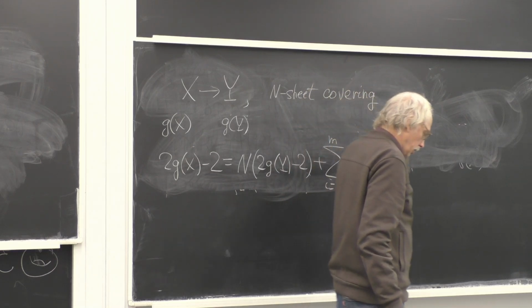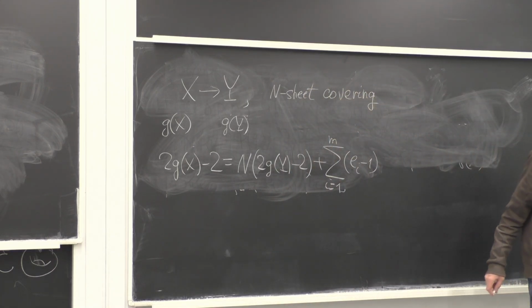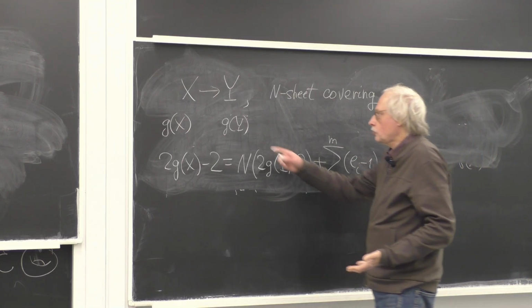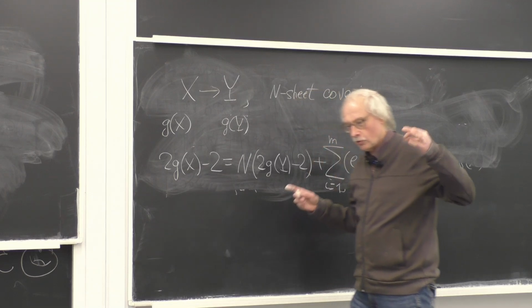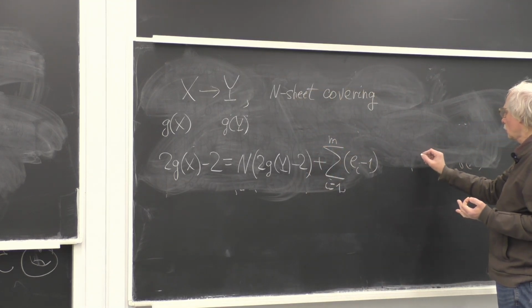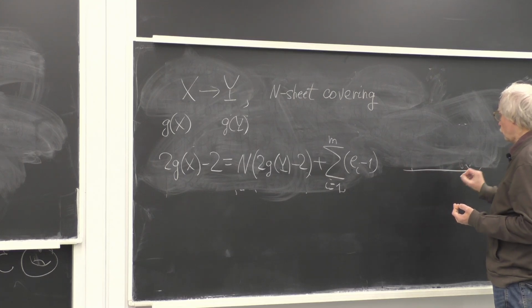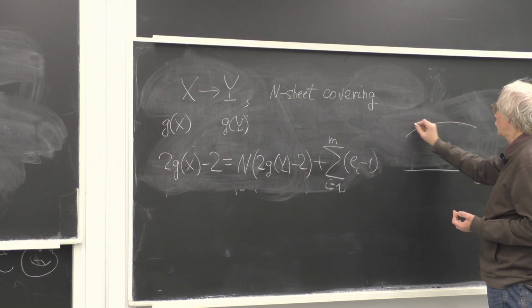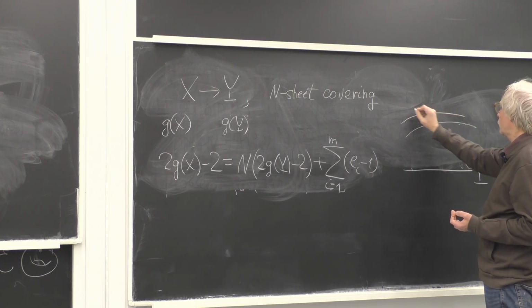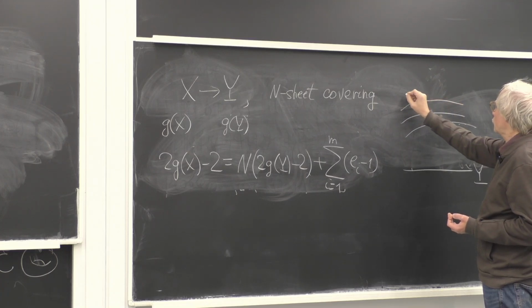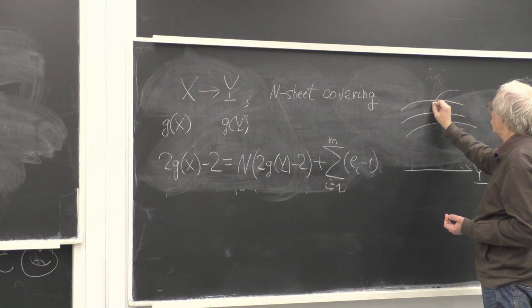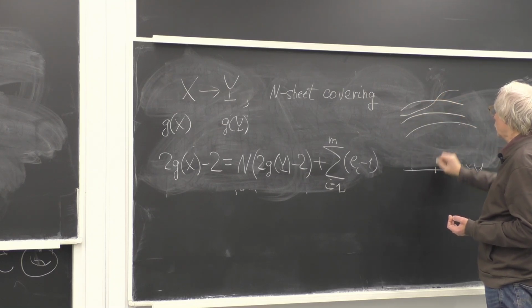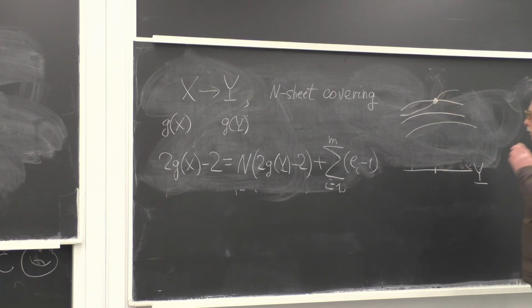And e_i are ramification indices, because this covering is in general ramified. So this is Y, and these are some sheets of X, but sometimes at some points the two sheets can meet.